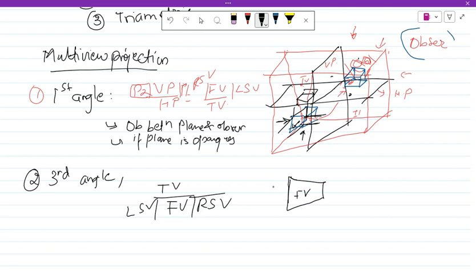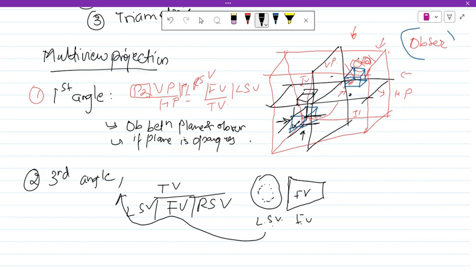And if the left side view is placed on the left of this front view, this is its left side view. So this is the front view, this is the left side view, this is third angle projection.